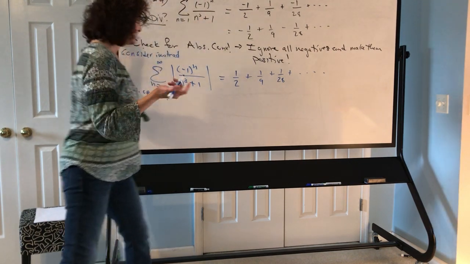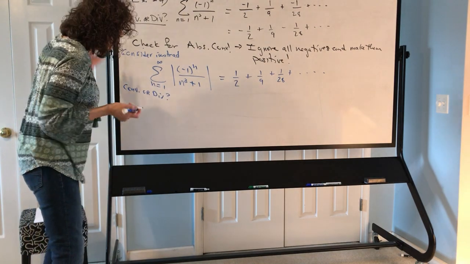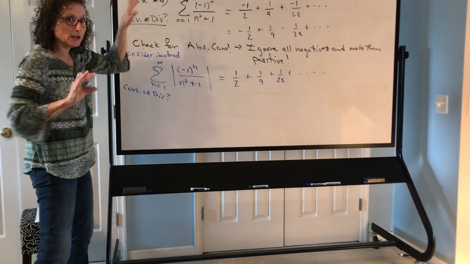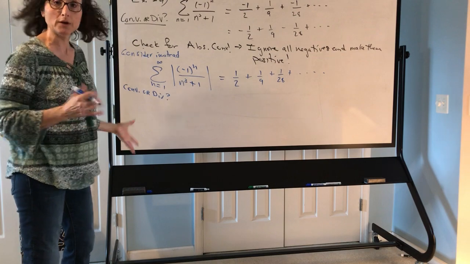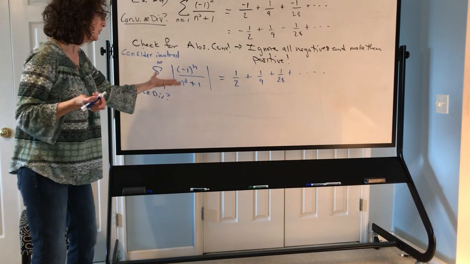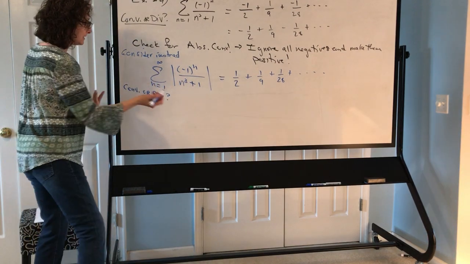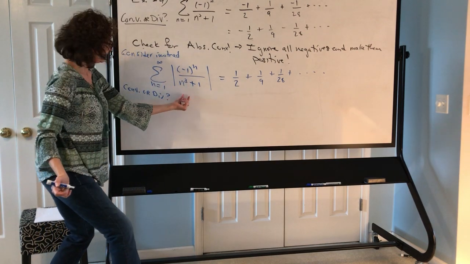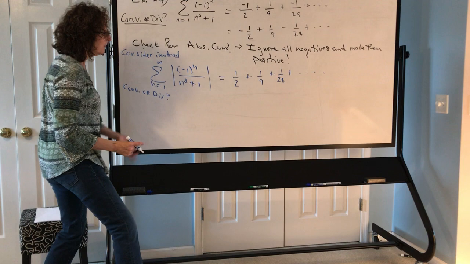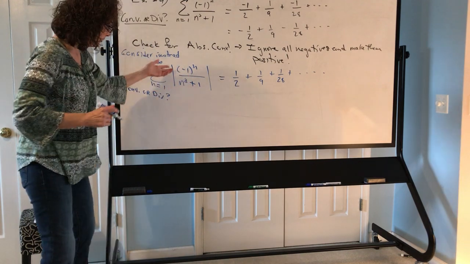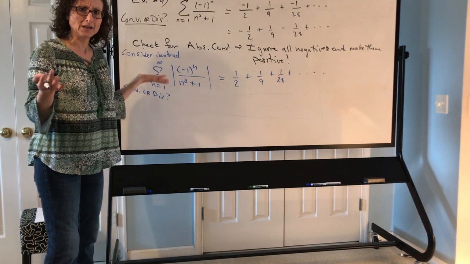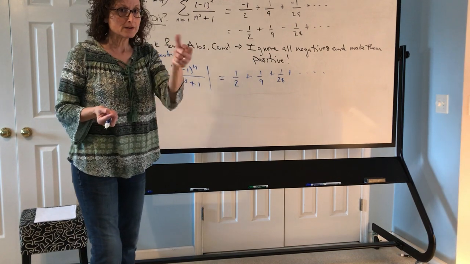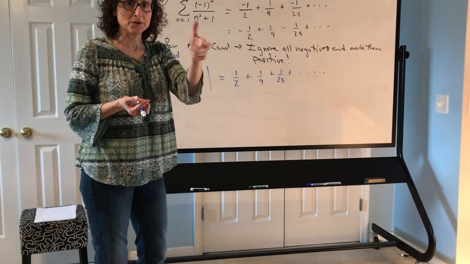So now, does this negative 1 to the n thing have to be scary to us in this absolute value? No. The beautiful thing is n cubed plus 1 is always positive, since n is bigger than or equal to 1. So really, your absolute value is just the absolute value of negative 1 to the n, which alternates back and forth between plus and minus 1.